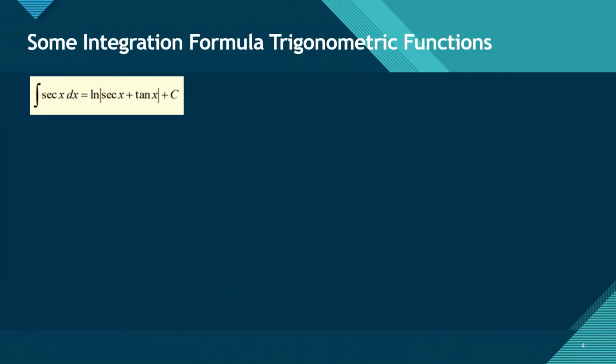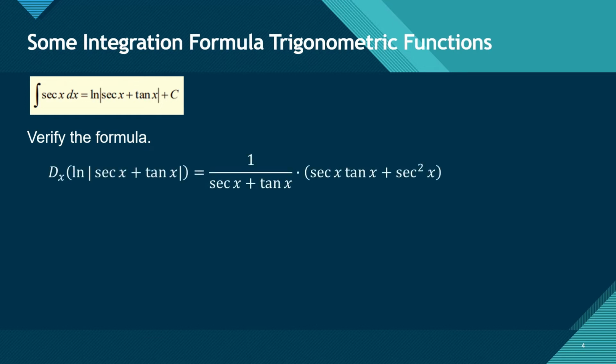How about this? Okay, so how do you show that this formula is indeed true? Let us verify the formula using your fundamental theorem of calculus. Let us get the derivative of ln of this. The derivative of ln of that function is equal to, this is how you get the derivative of ln functions, 1 over secant of x plus tangent of x, and then you get the derivative of this function.